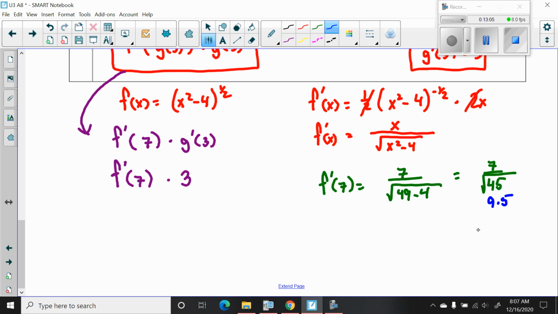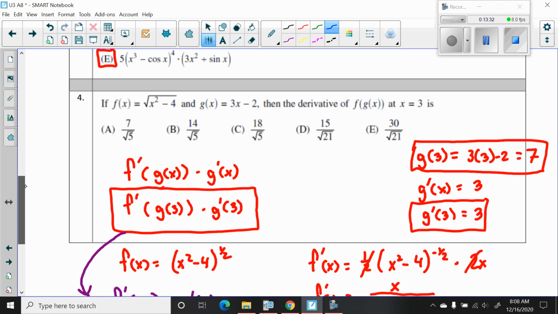So this would be 7 over 3 square roots of 5. All right, let's use that value and put it in. So 7 over 3 square roots of 5 times 3, and that'd be 3 over 1, and we can cross off 3. So it looks like the answer is 7 over the square root of 5. Is that a choice? Hey, there we go.